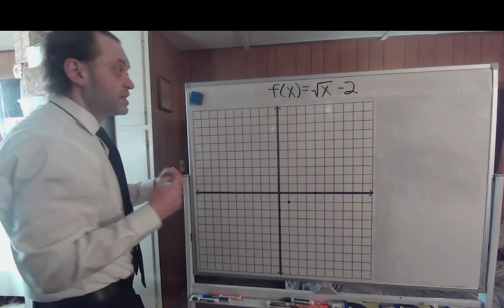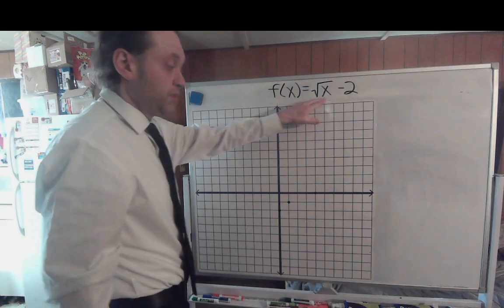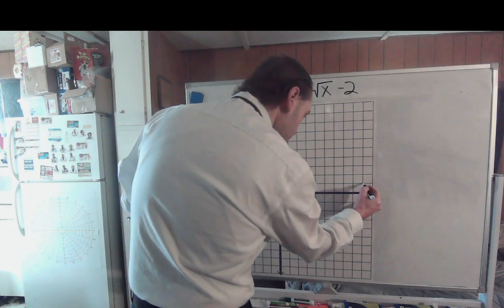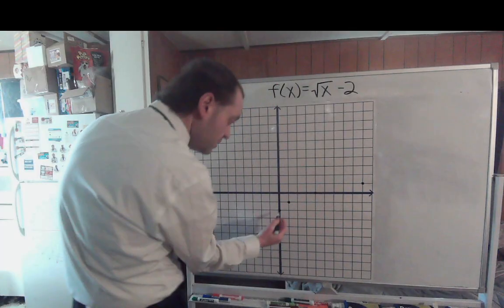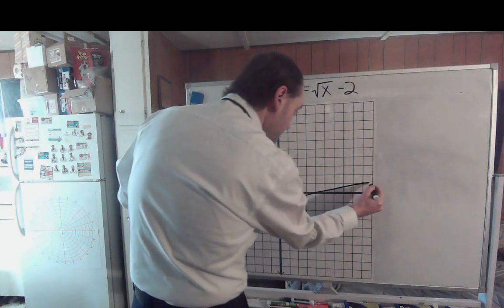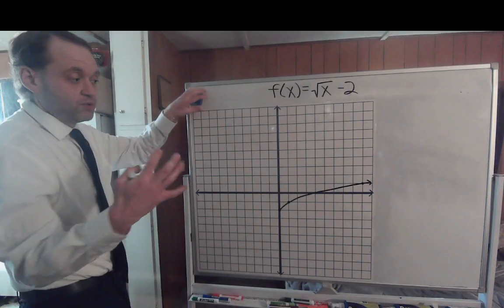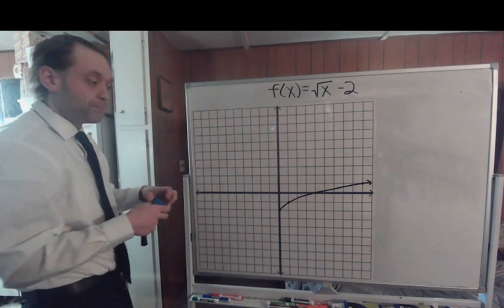And then for good measure, why don't we put in 9 for x? Well, the square root of 9 is 3, minus 2 is 1. So I'll get 9, 1. So I've taken everything and shifted it downward 2 units. So that's what you would get when you shift it downward.